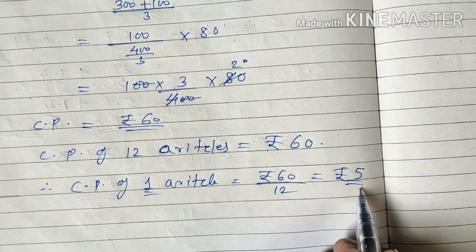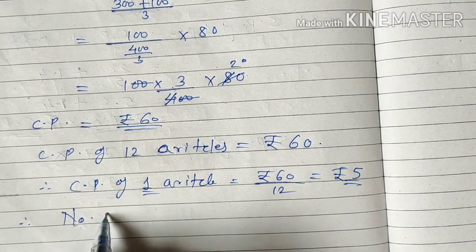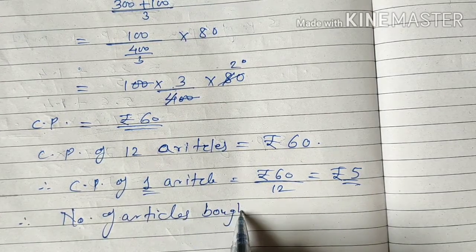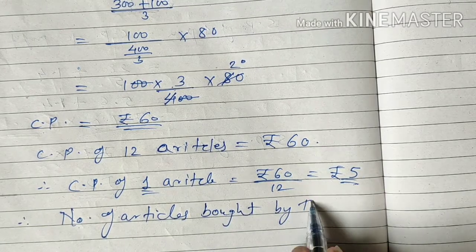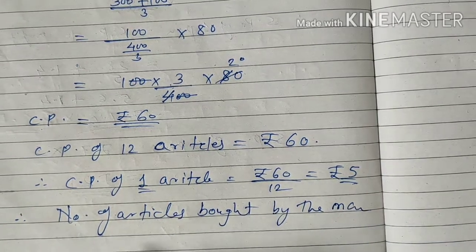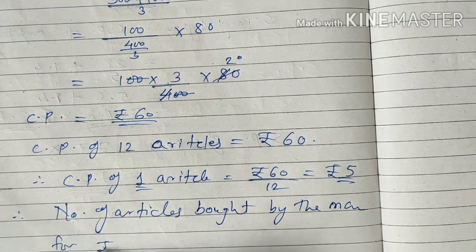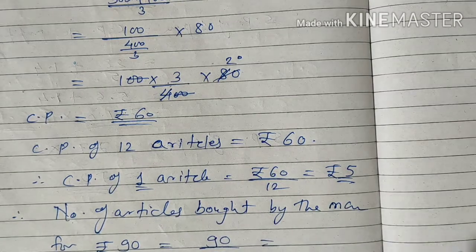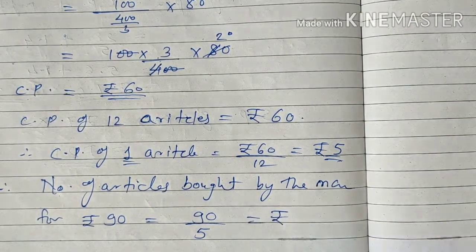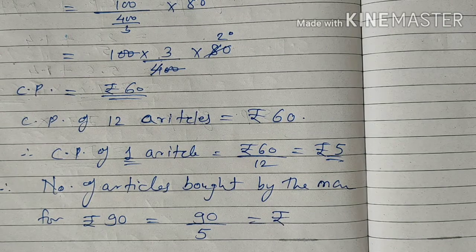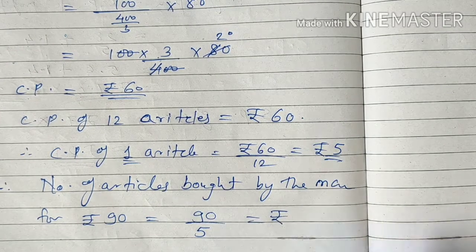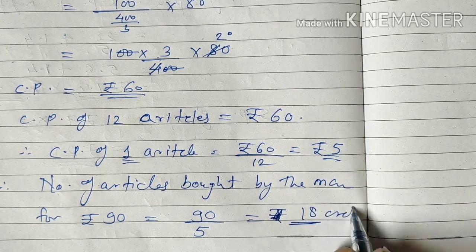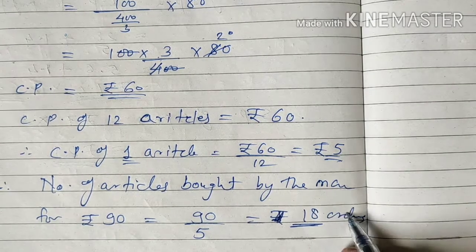One article costs 5 rupees. Therefore the number of articles bought by the man for rupees 90 is equal to 90 upon 5. So 90 upon 5 is how much? 18 articles. Okay, 18 articles are bought.